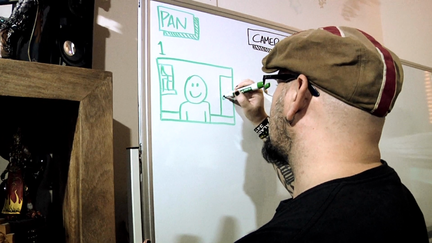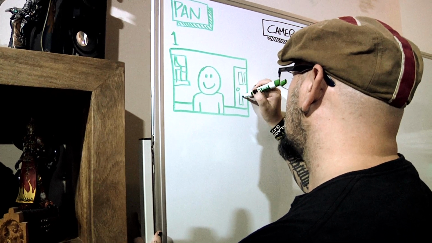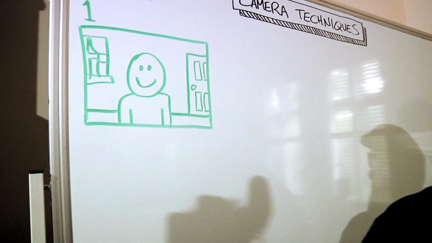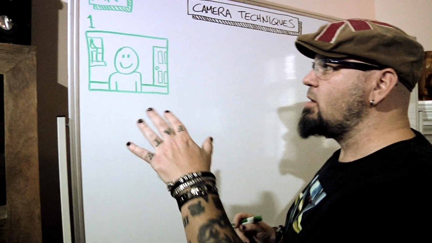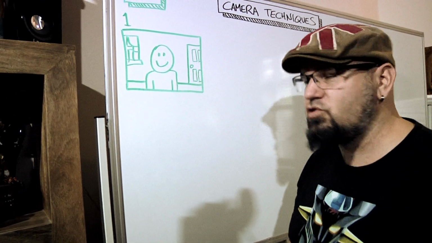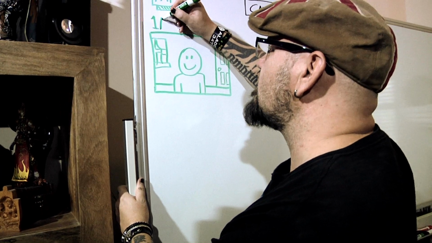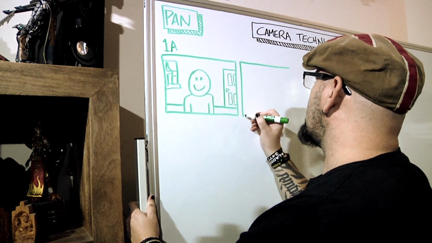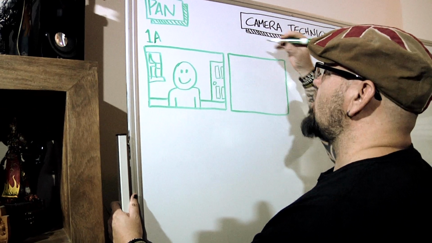Let's say that at some point there is a mysterious knock at the door, and the camera is going to pan to the right. We can do another storyboard, but because the camera isn't cutting to a new shot, this is still shot number 1. So we call this 1A, and 1B is a continuation of what we saw in the first shot.